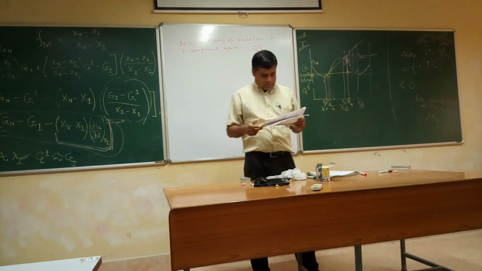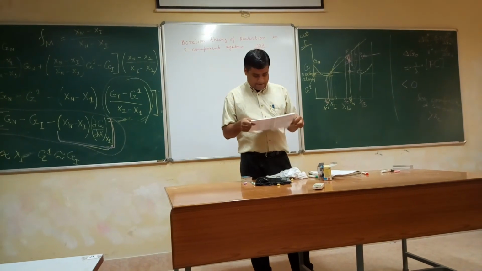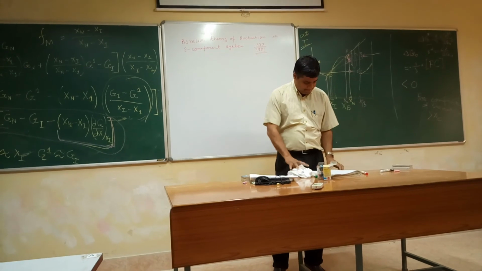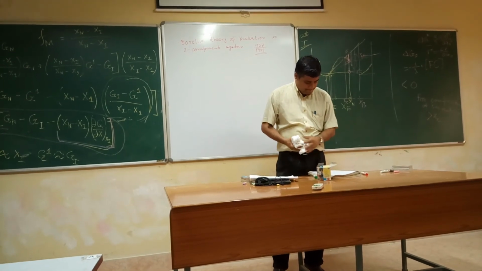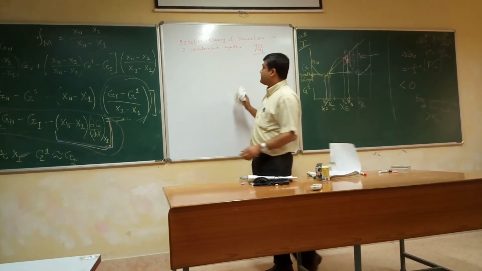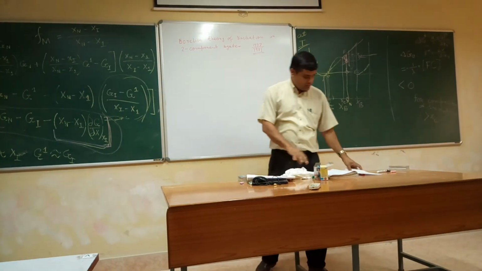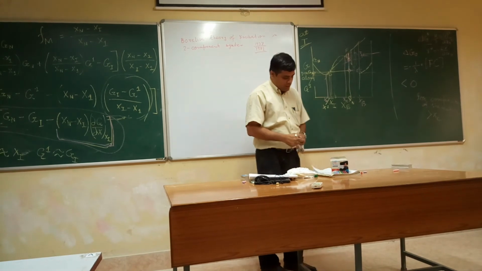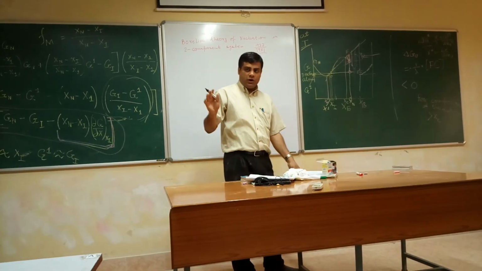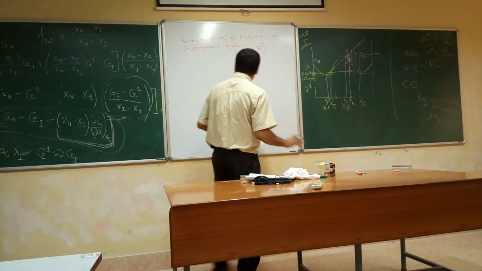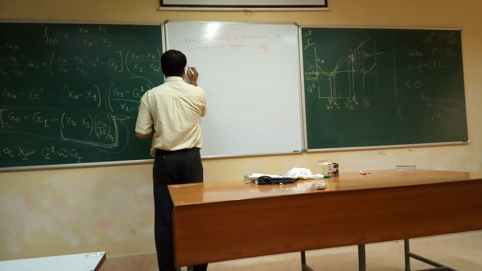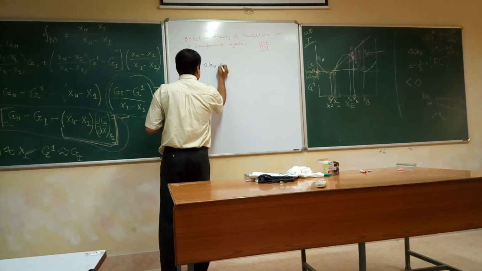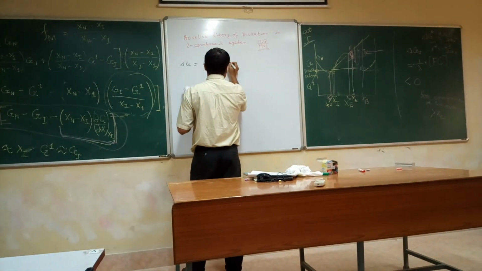So if you ignore gamma, then your Gibbs free energy change, delta G, will be your delta GV multiplied by the volume of the embryo.